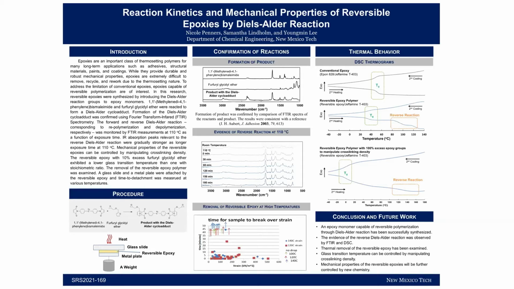What we found is that at 100 degrees Celsius, the sample almost doesn't break regardless of what different strains are used. But at 120 and 140 degrees Celsius, it sometimes breaks at either like 2 minutes to 4 minutes typically. Sometimes it'll go above that, or it doesn't break at all.